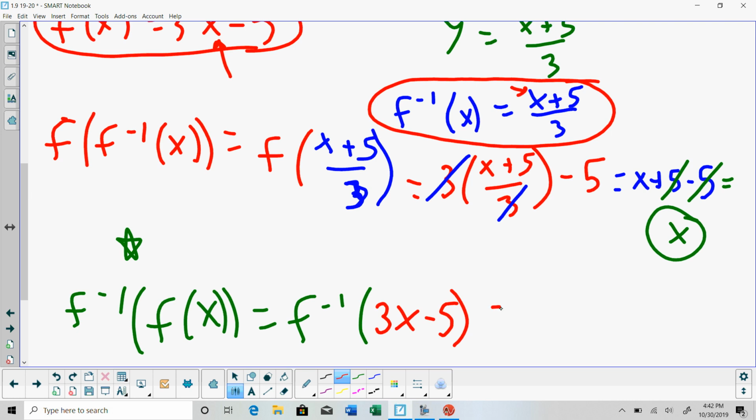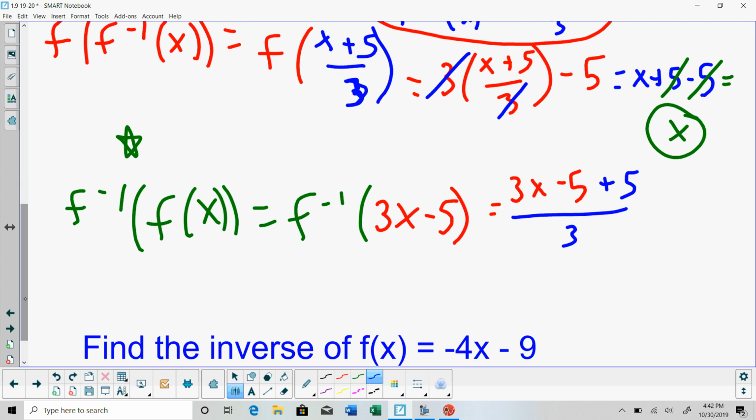So I get (3x minus 5 plus 5) over 3. For this one, I cannot divide out the 3s first. Instead, I have to subtract off the 5s first and get 3x over 3, then divide out the 3s and show that that's equal to x.